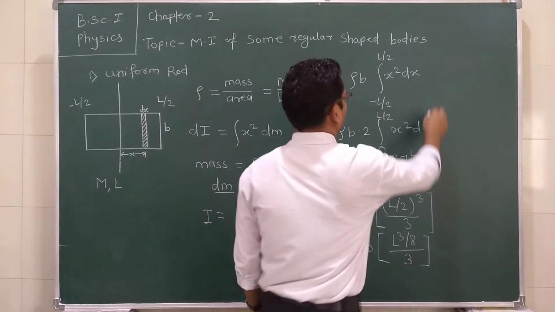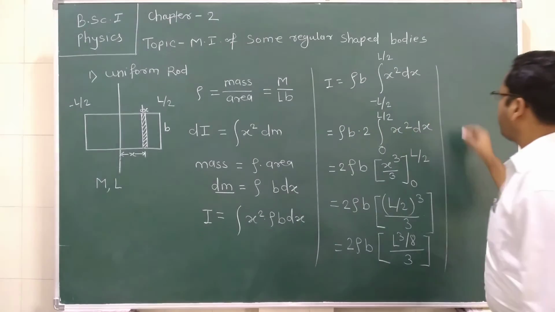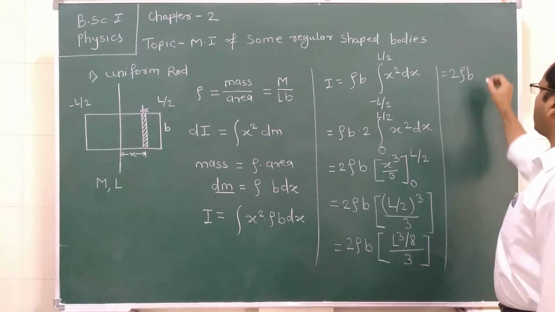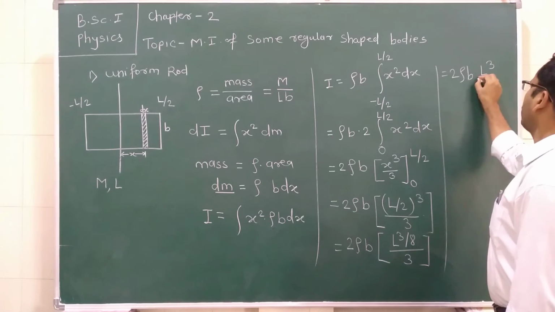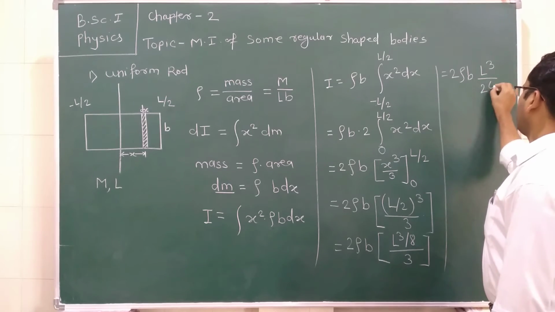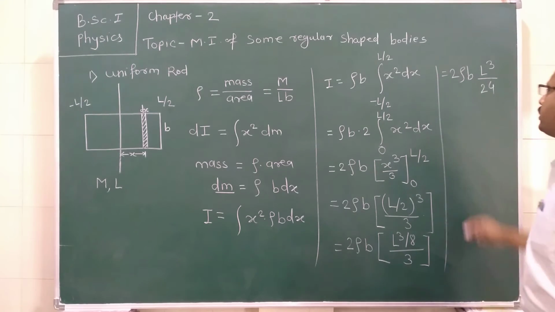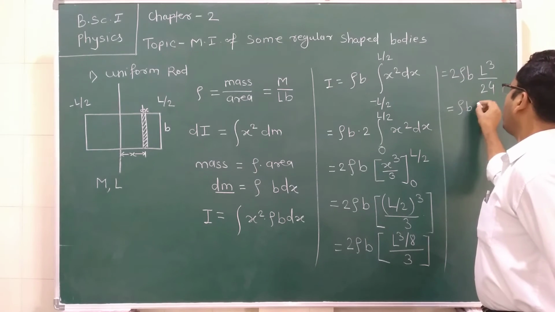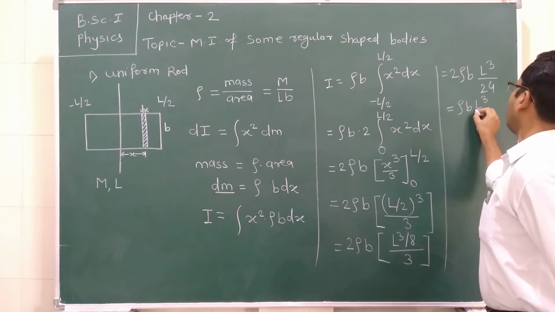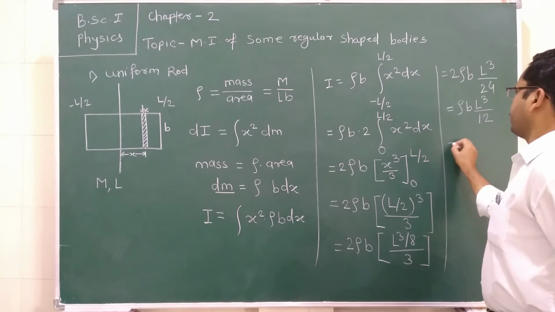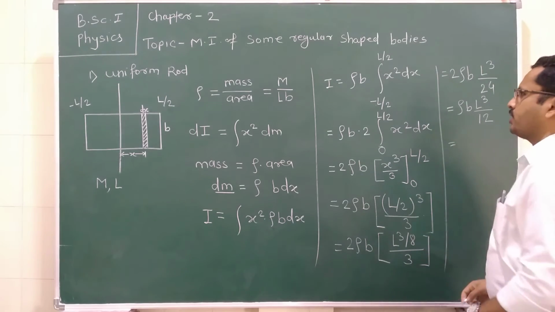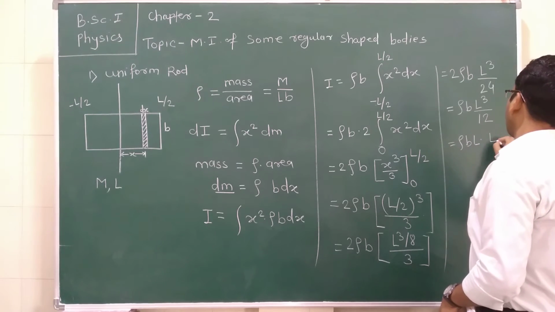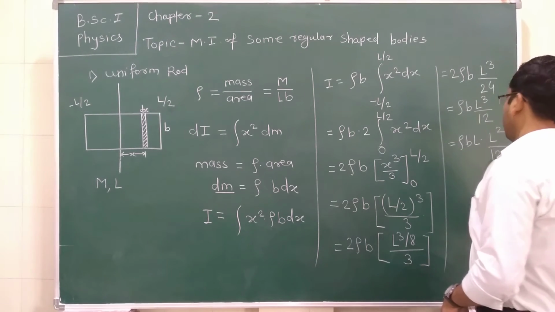Look here. It is equal to twice rho b into L cube divided by 24, which is equal to rho into b into L cube divided by 12. But we can write this equation as rho b L into L square divided by 12.